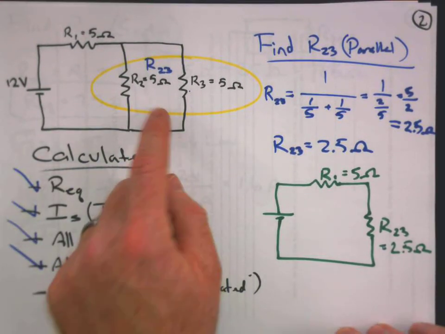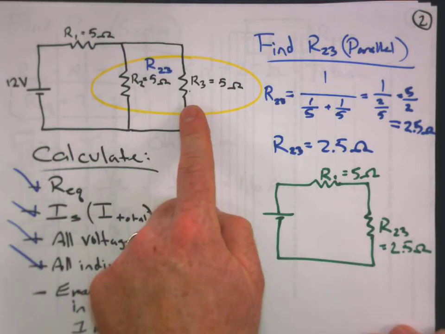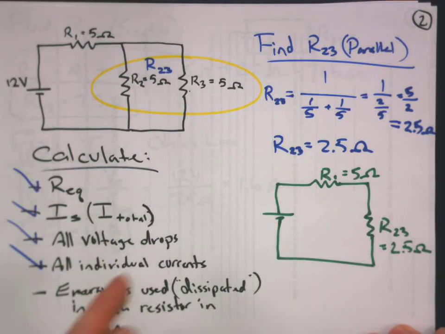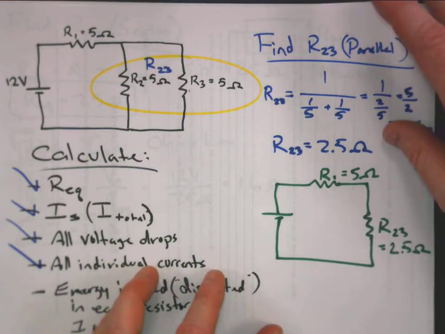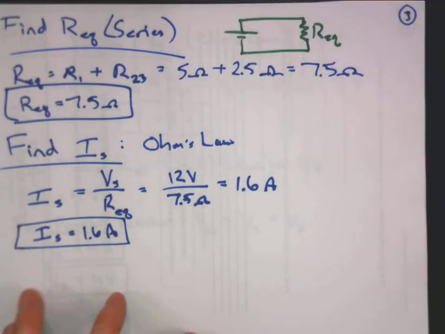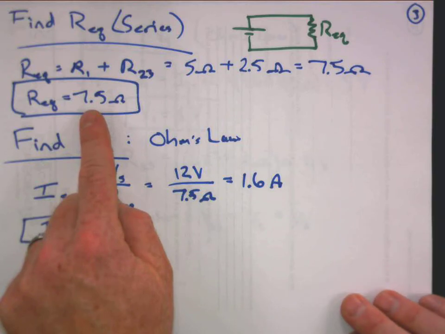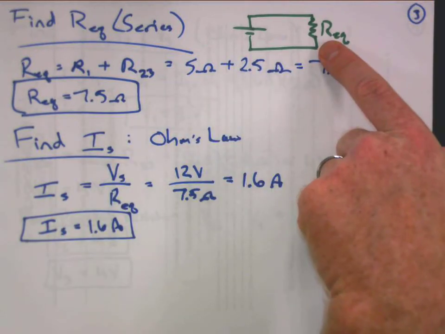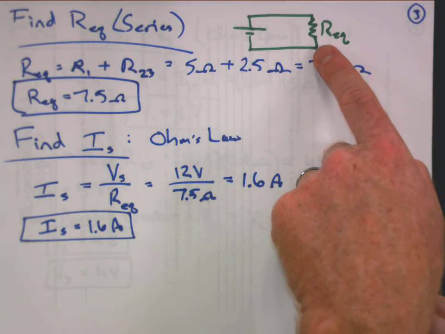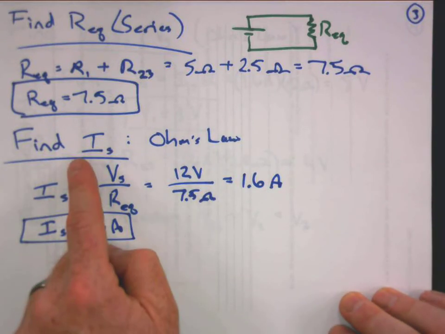Then, here's our example, and I have to find the equivalent of R23. I have to use that to find the overall equivalent resistance, and that's what I've got here. That represents the resistance of the whole circuit in one value. Then I had to find the total current.